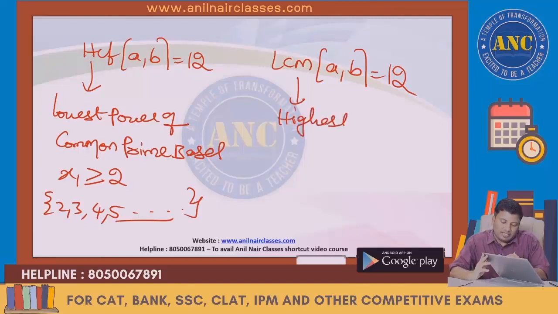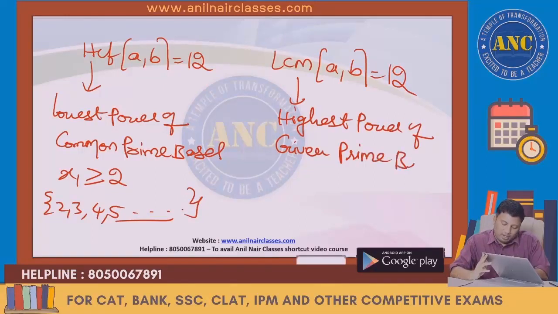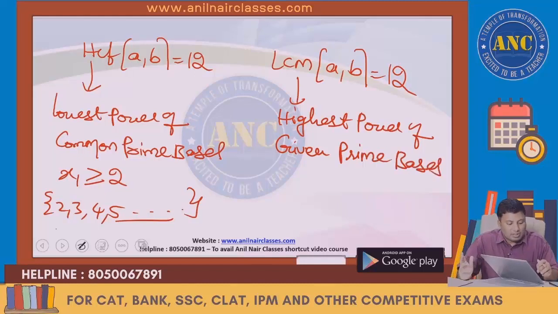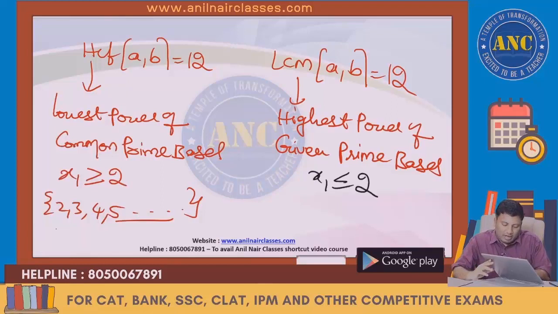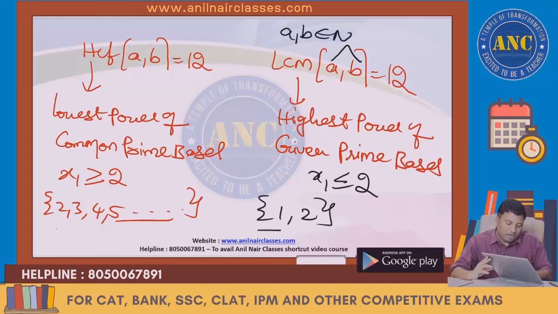LCM always takes the highest power of the given prime bases. X1 less than or equivalent to 2. Because A and B are natural numbers, you can restrict from 1 to 2.